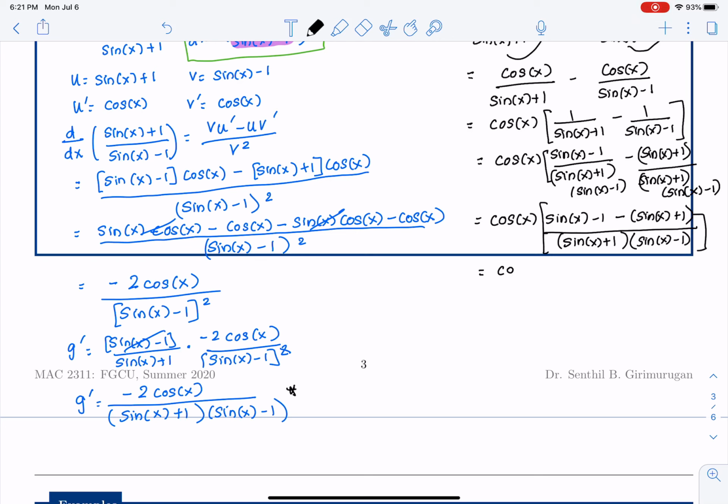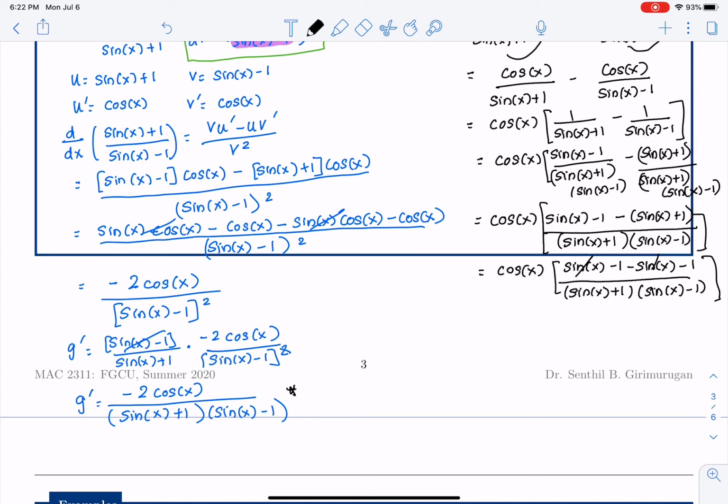Distribute and simplify. Cosine x times sine x minus 1 minus sine x minus 1, divided by sine x plus 1 times sine x minus 1.